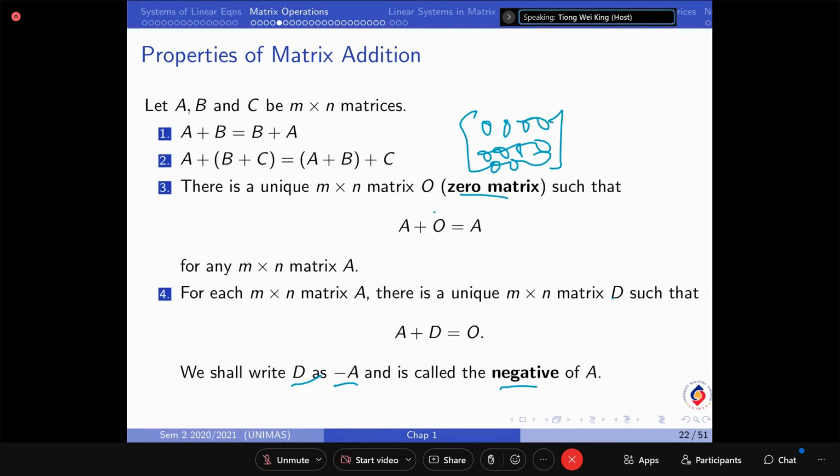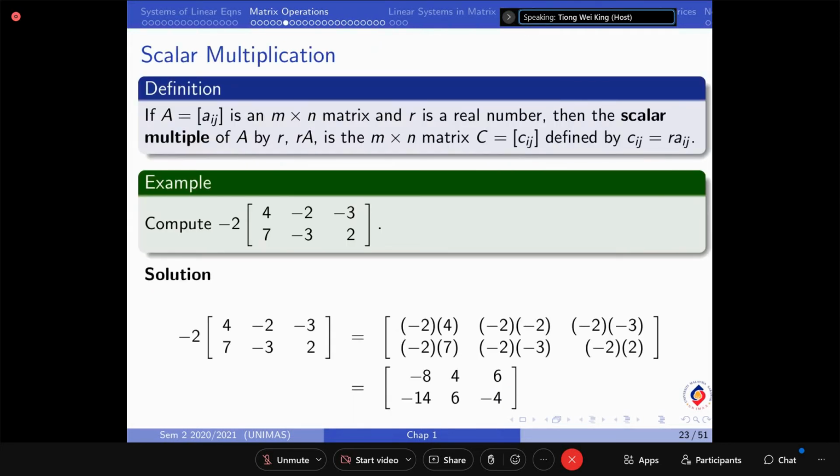Simple. Okay. Scalar multiplication, you also know how to do scalar multiplication. It's just like expansion, where you multiply the scalar into all the entries in the matrix. So this is the example.